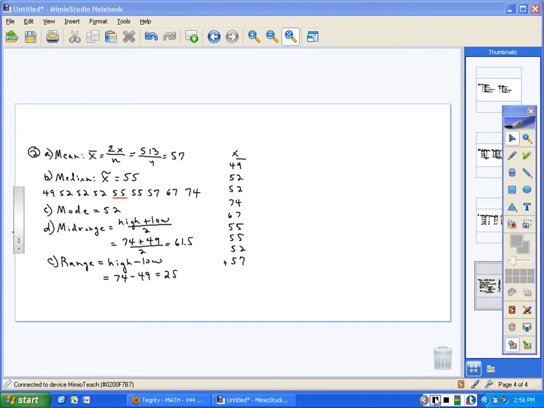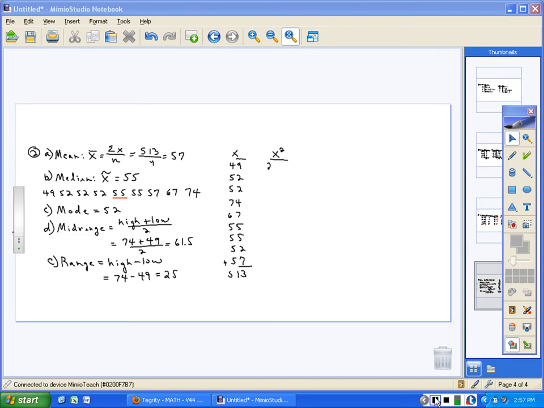Okay, we already know from part A that the total of those numbers is 513. What we have to do now is take each of those numbers individually and square them.